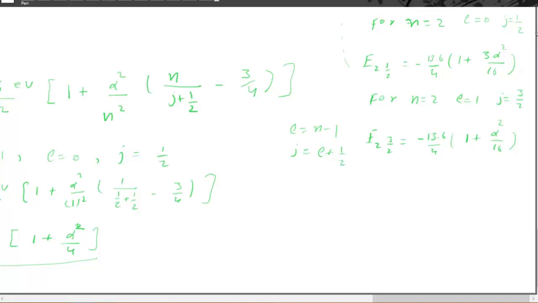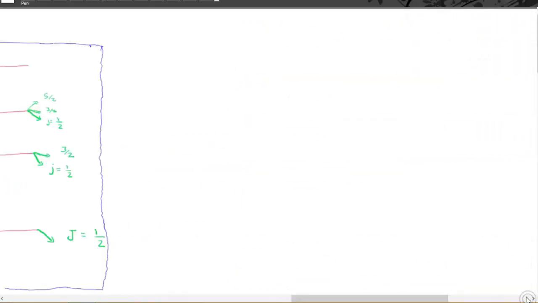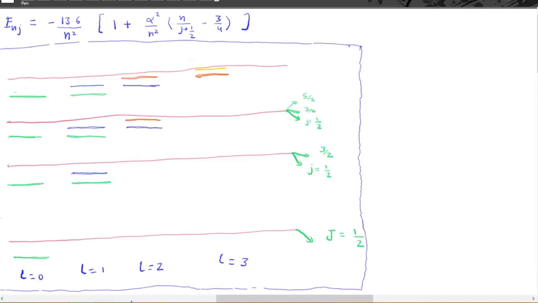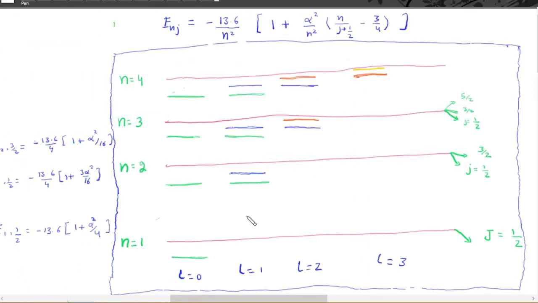Now we look at this and draw a figure, and here we can draw these values for n is equal to 1, n is equal to 2, n is equal to 3 and n is equal to 4. We use these equations: L is equal to n minus 1 and j is equal to L plus half. Okay, for L is equal to 0, the j value becomes half, and its energy is decreased by this term.